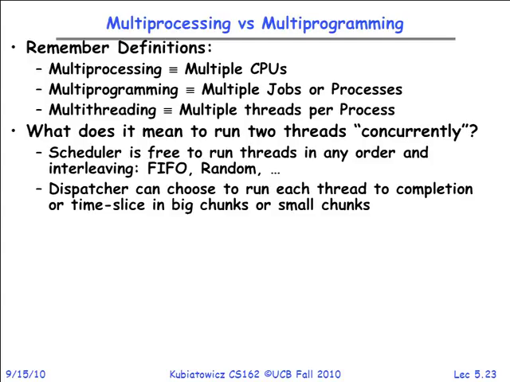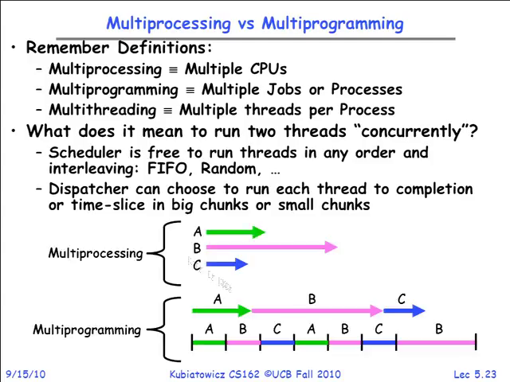So for instance, here's multiprocessing, where you know they're running for sure at the same time. Here are a couple of different multiprogramming examples. For instance, maybe A runs to completion, then B, then C. If you forked off 3 threads, I bet none of you thought of this as an option, but this could happen.